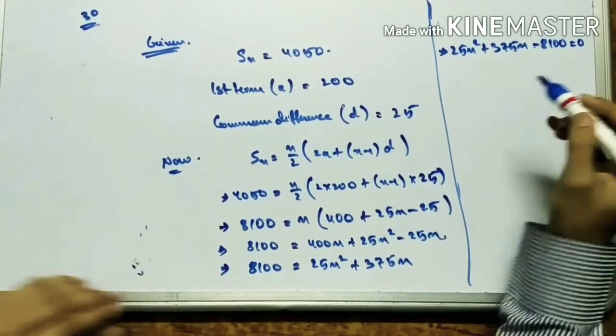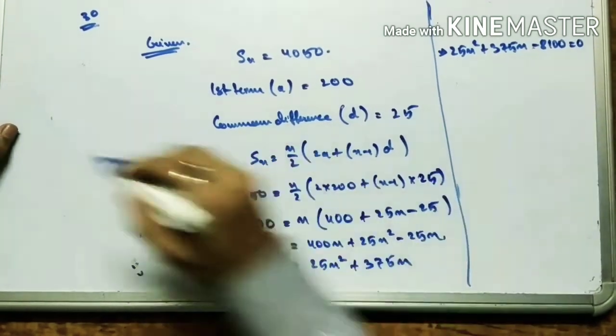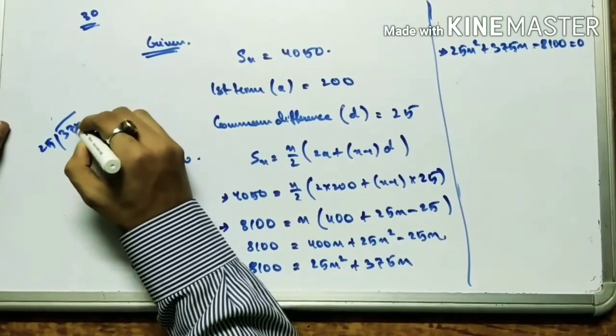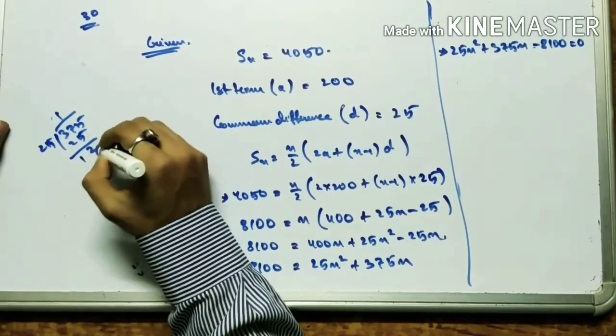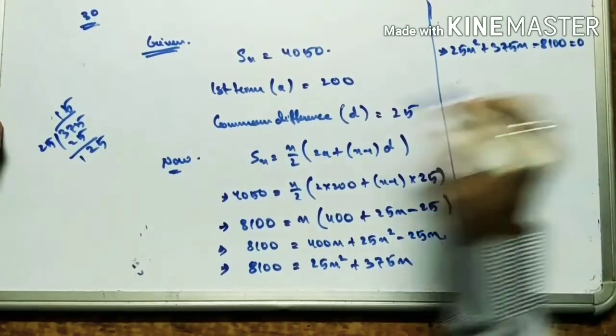Okay, so now from here, can I take 25 common? 25, 375, 15.